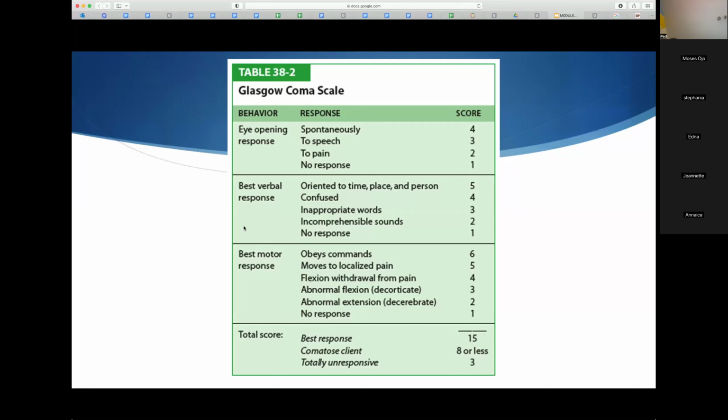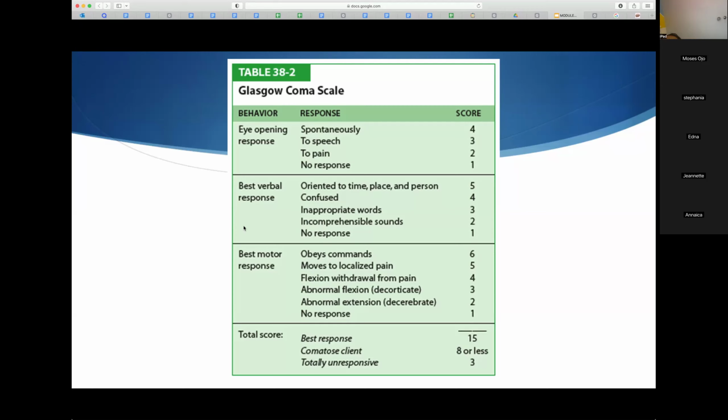Best motor response. If you tell them, squeeze my left hand, and they do it, give them a 6. If they only move when you induce some type of pain, like you apply sternal pressure or nail bed pressure, which you might have to do in brain trauma patients, 5. Flexion: if we do nail bed pressure and they bring their arm close to their body, that's a 4.